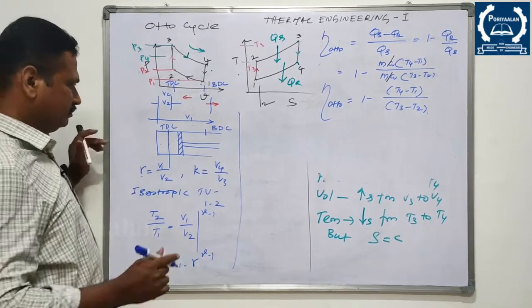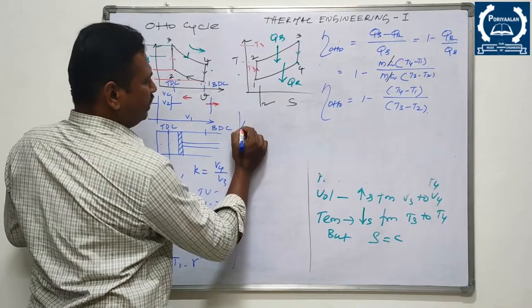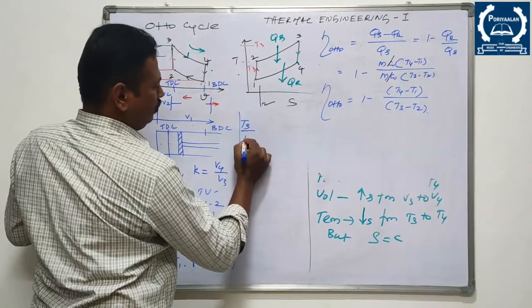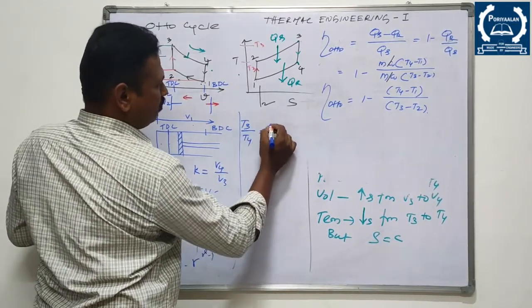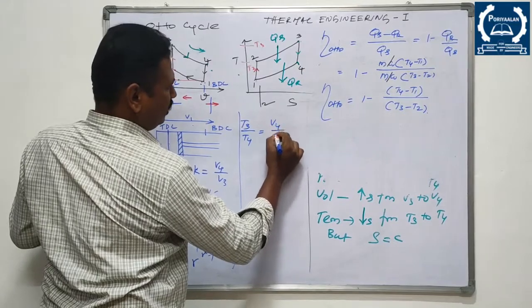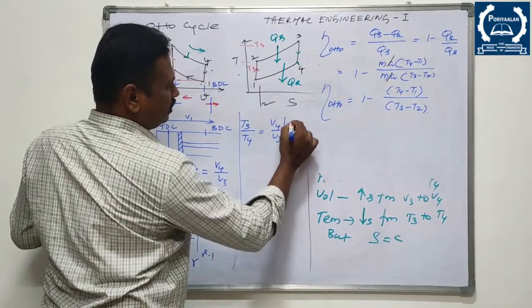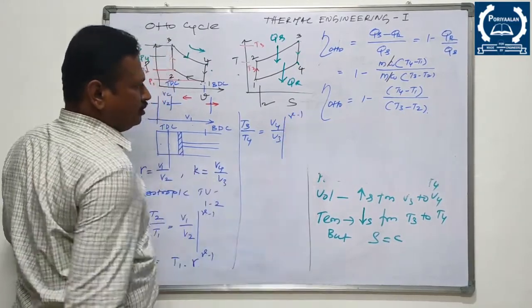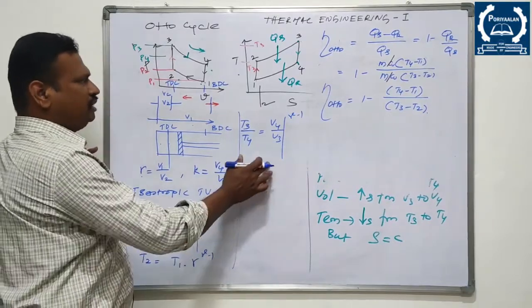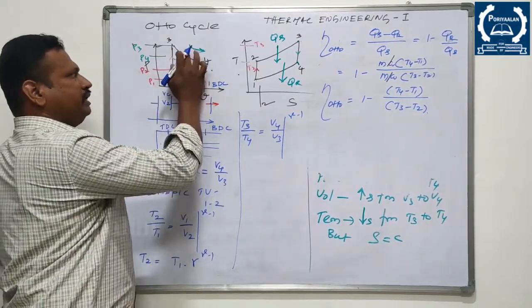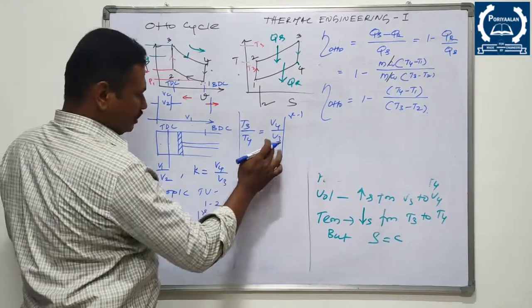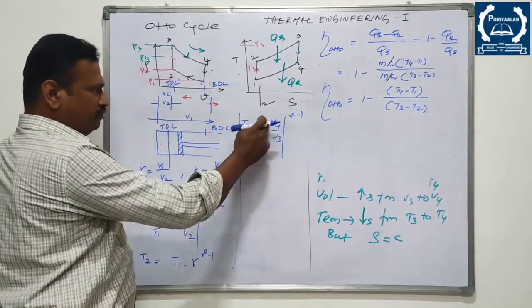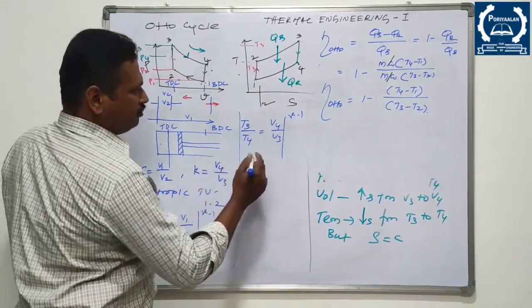Likewise, T3 by T4 is equal to (V4 by V3) to the power gamma minus 1. The same isentropic relation applies for the process 3 to 4, right? As I said before, V4 by V3 is equal to V1 by V2.